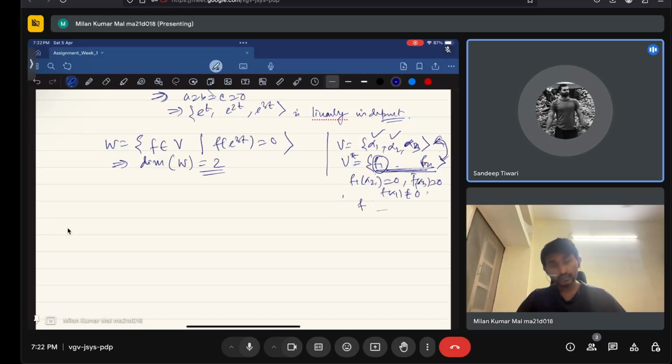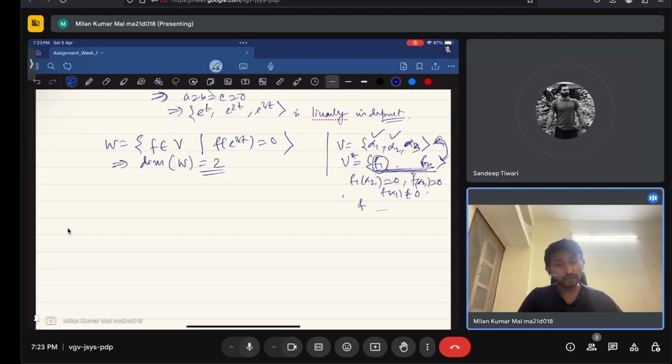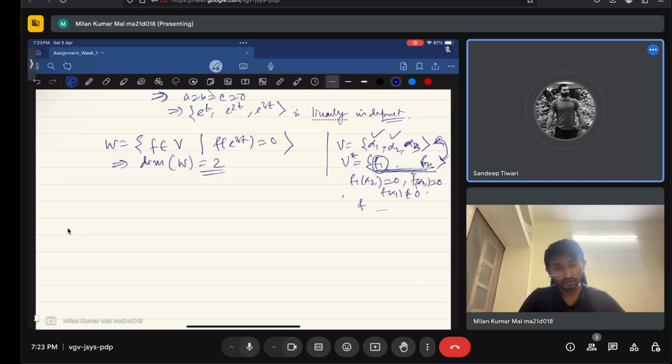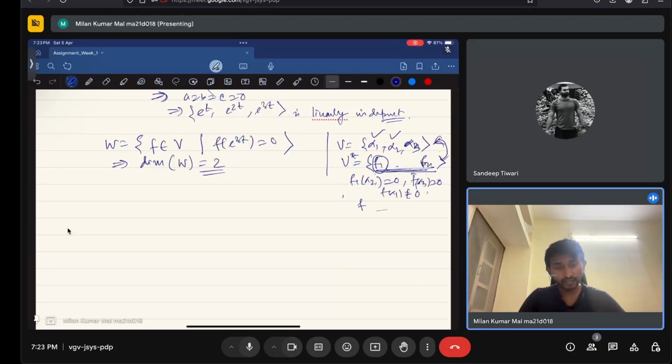And f3 will be something which makes alpha 1 and alpha 2 0, not alpha 3. So f1 and f2 are making alpha 3 0, right? And they are linearly independent.